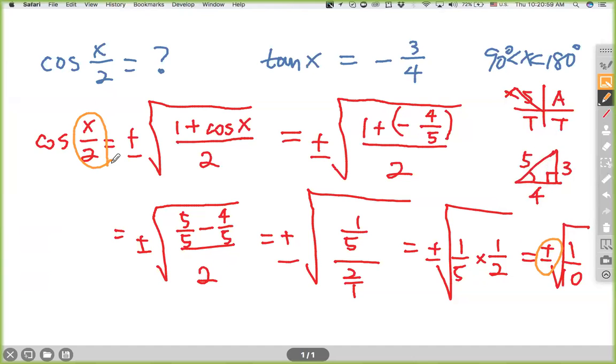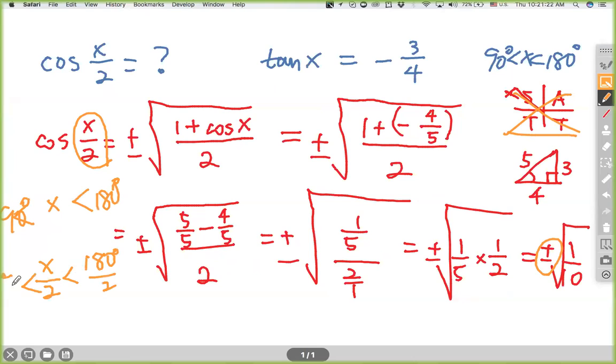A lot of students can make a mistake here because they use the quadrant for x, but you actually have to use the quadrant for x over 2. So what is x over 2? x is between 90 and 180. So x over 2 should be between half of 90 and half of 180, which gives you 45 and 90 degrees.